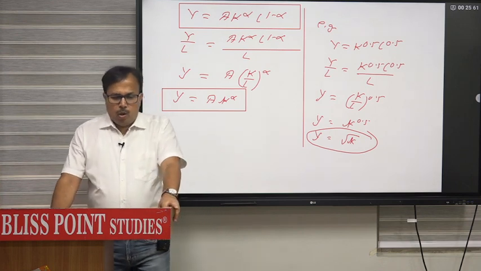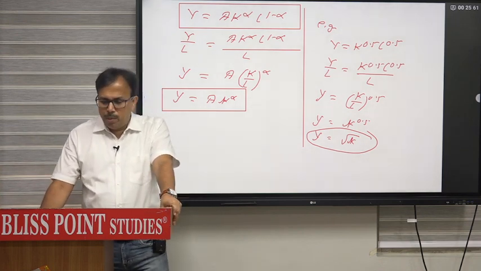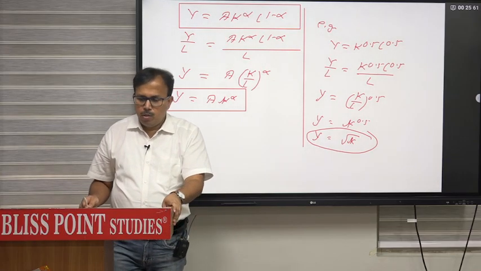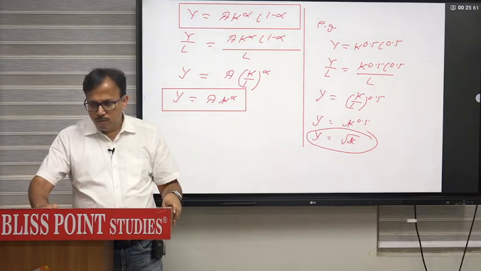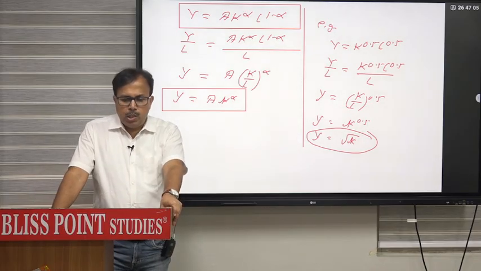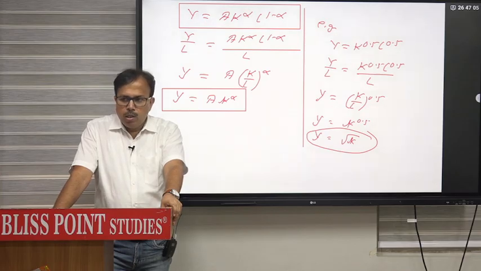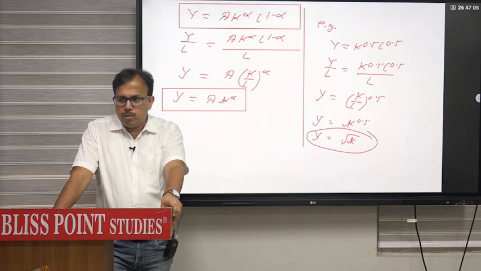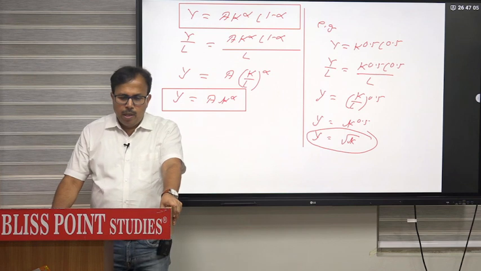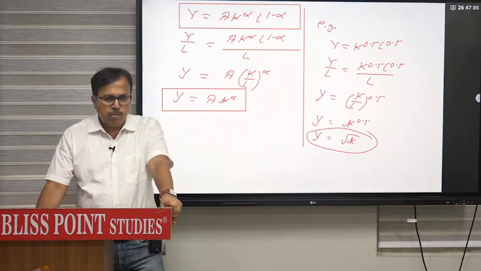Solow model is based on the law of diminishing return to individual factor of production.